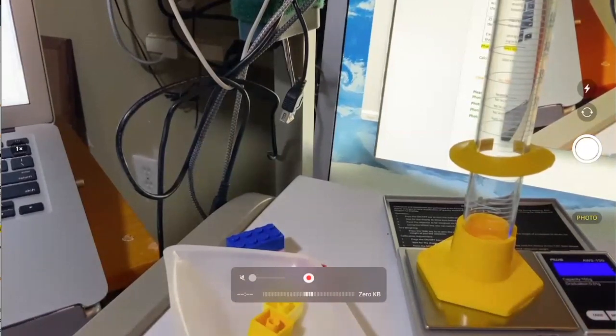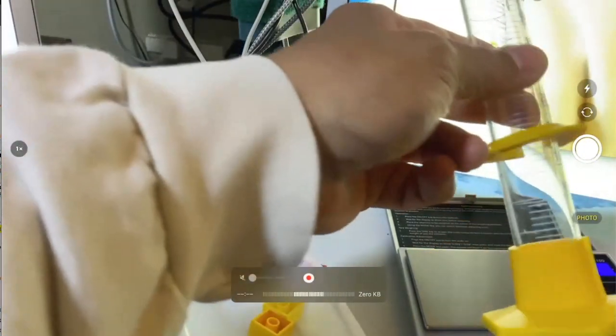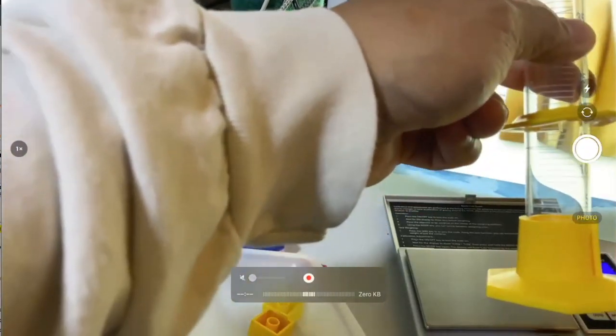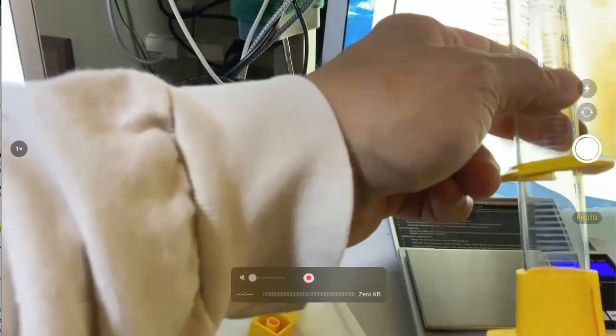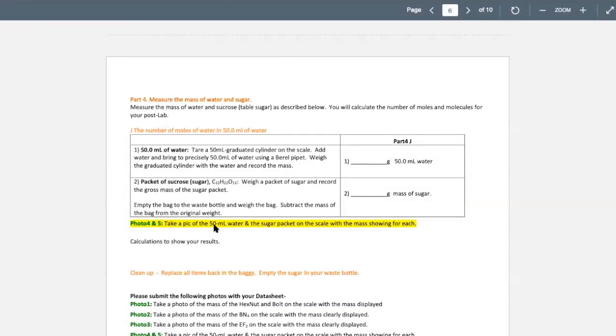It doesn't have to be exactly 50 mil, but try and get as close to 50 milliliters as possible. Remember the precision of these things, write it to the correct precision of the graduated cylinder. Okay, so that's this portion of your lab, the 50 milliliters of water. And then you guys are going to be asked to weigh some sugar packets.